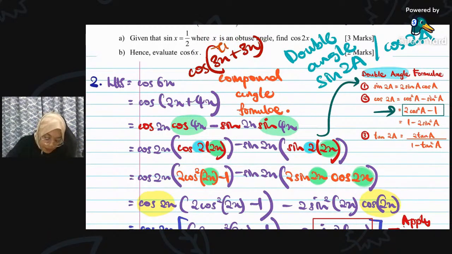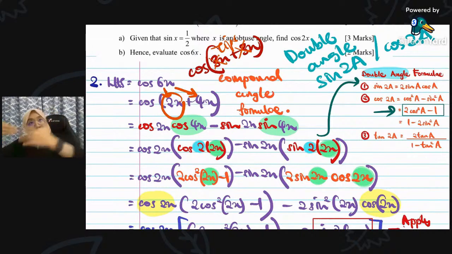The tip is not choosing 3 plus 3. I know 3 plus 3 is 6, but it won't help you guys, it won't go anywhere. You just have to pick 2 plus 4, because 2 is an even number. 2 is a double angle, so we can bring out the double angle formula and we get more clues below.